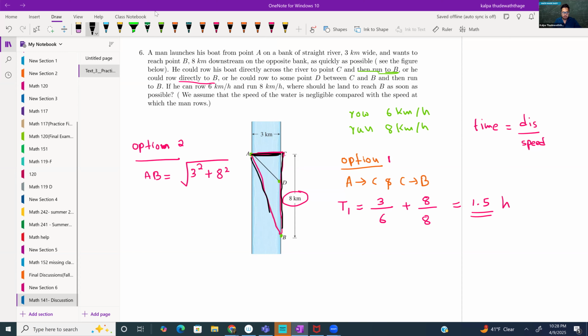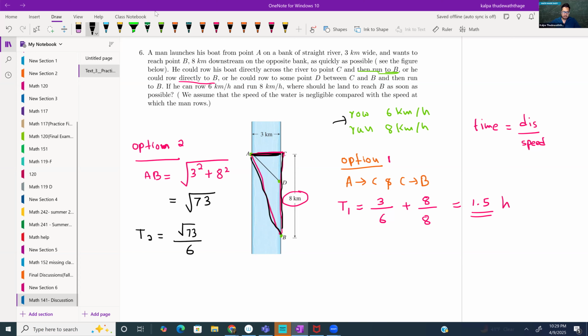So you can get the length from A to B. It's 64 plus 9, which is the square root of 73. So the distance is the square root of 73, over the speed of the boat, which is 6, since he rows directly from A to B.